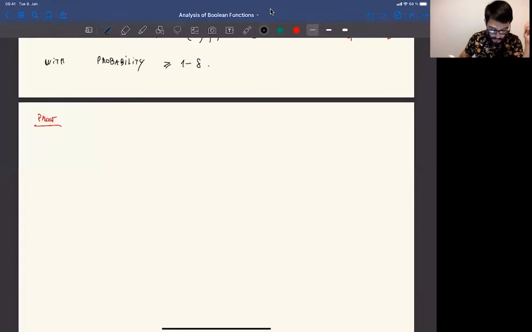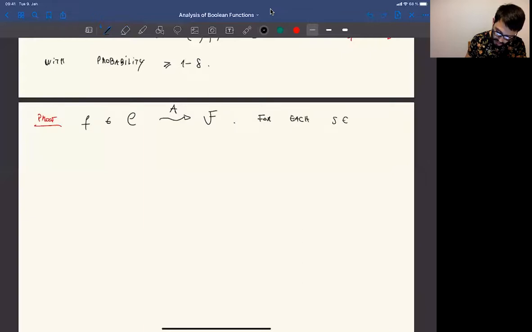Okay. So what you can do is this. For each f in the class, the algorithm produces this family F of subsets. So for each S in this family, what do we do?